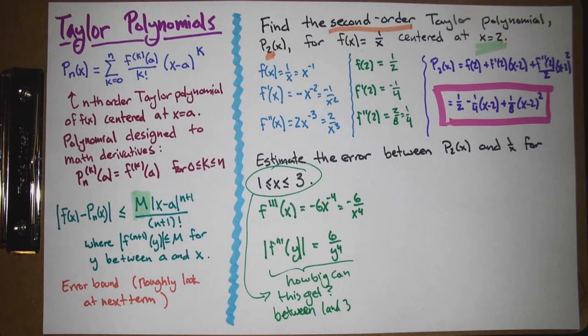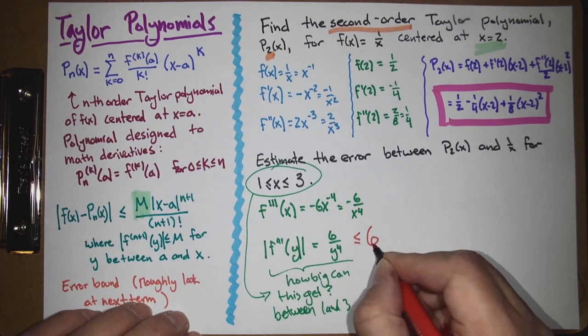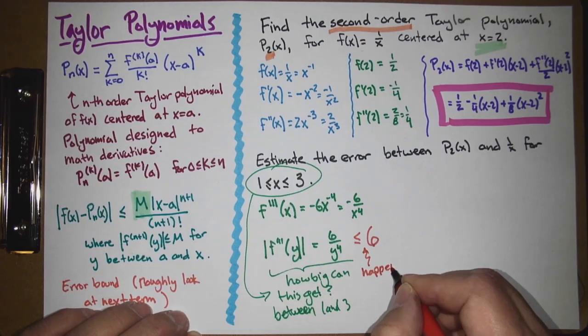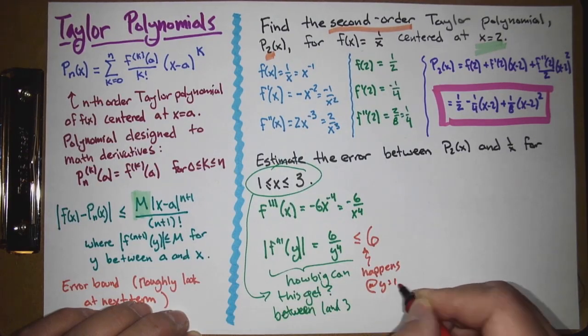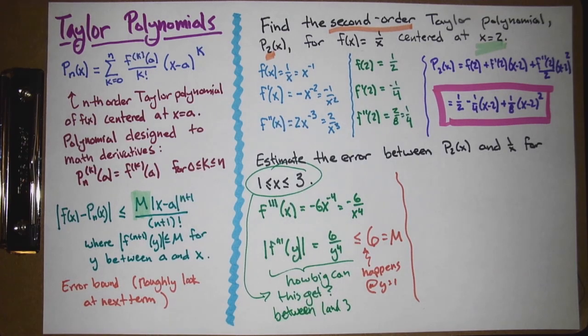So if I want the whole thing to be big, I want to make the downstairs small. And y to the 4th gets bigger as y gets larger. So you choose the smallest value for y. So this is less than or equal to 6. This happens at y equals 1. Okay, so this is our m. So we did the hard part. We found our m.